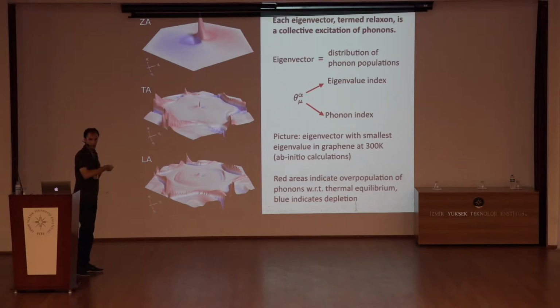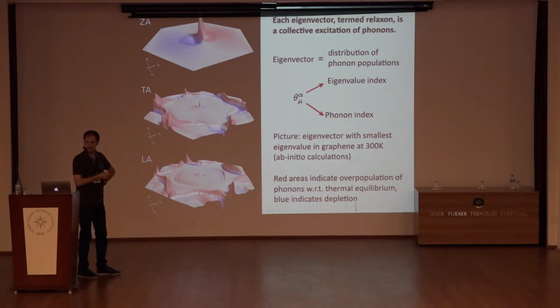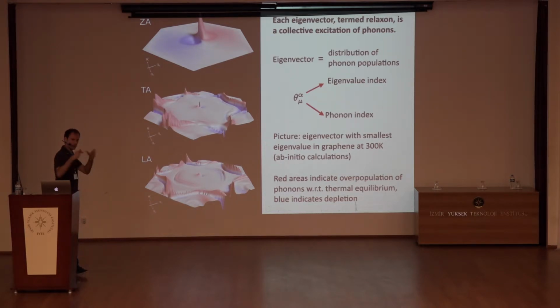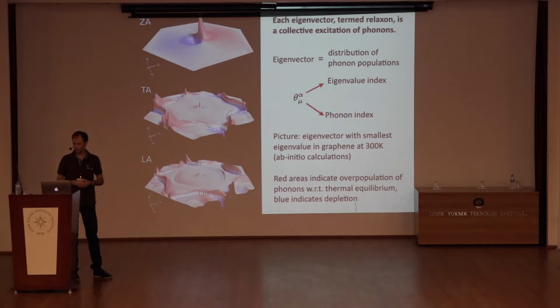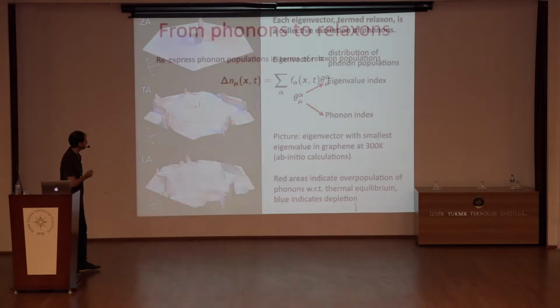Red means areas that are going to be overpopulated with respect to equilibrium, and blue indicates depletion. And it's not just the long wavelength ZA flexural modes of graphene that belong to this relaxon, but you also see contributions from transverse and longitudinal acoustic modes, and also, although not shown here, from the remaining optical branches. So you have an object which couples different phonons, and you can think of it as a collective excitation of phonons.